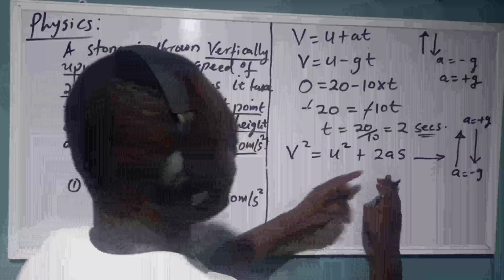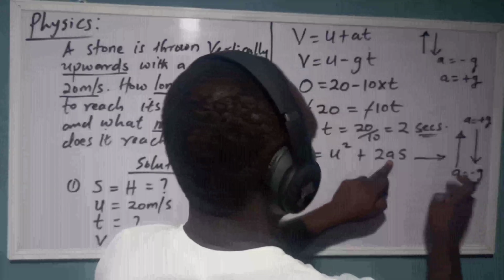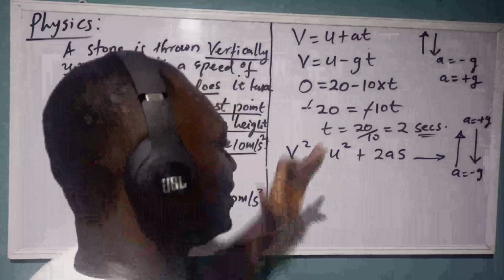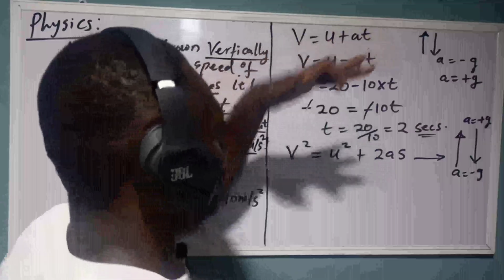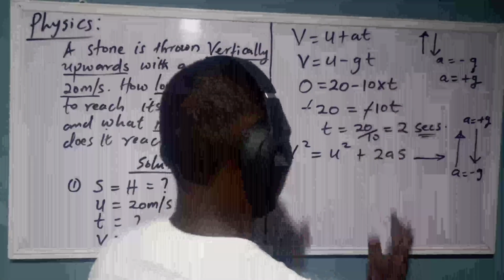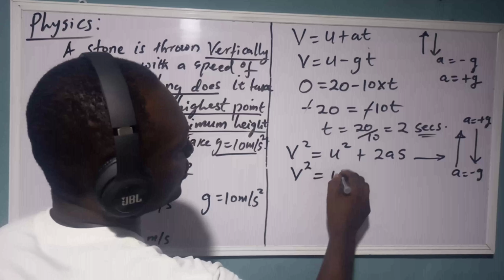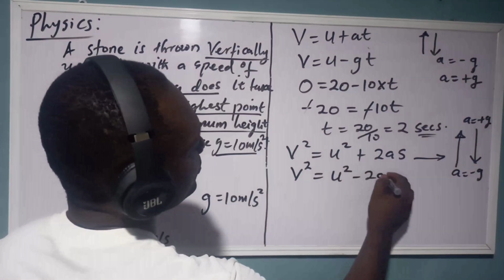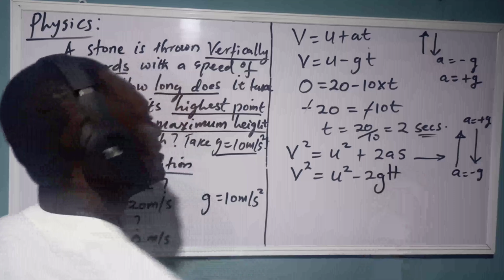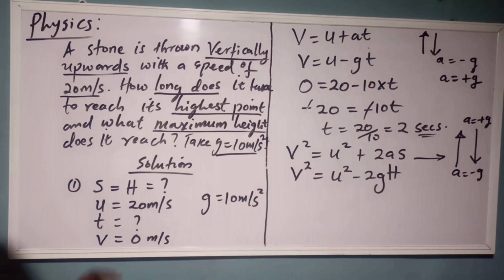In this case, it becomes negative g because it's thrown vertically upward. And then if something is moving vertically upward, our distance s becomes height h. So v squared = u squared - 2gh, where distance now becomes height.